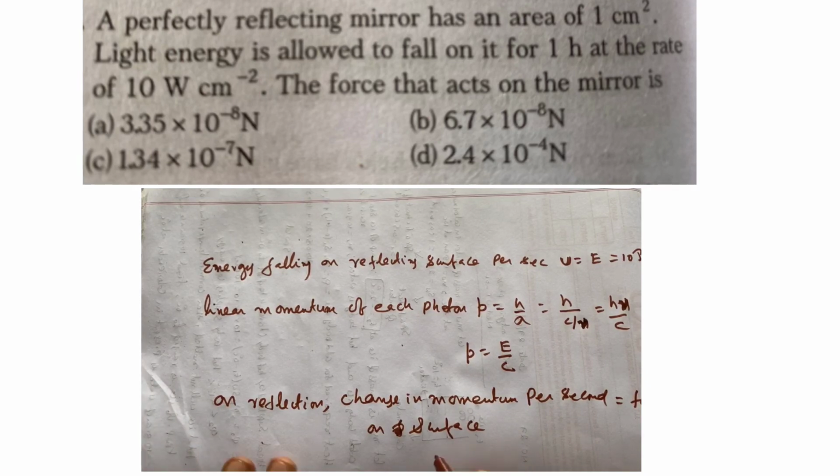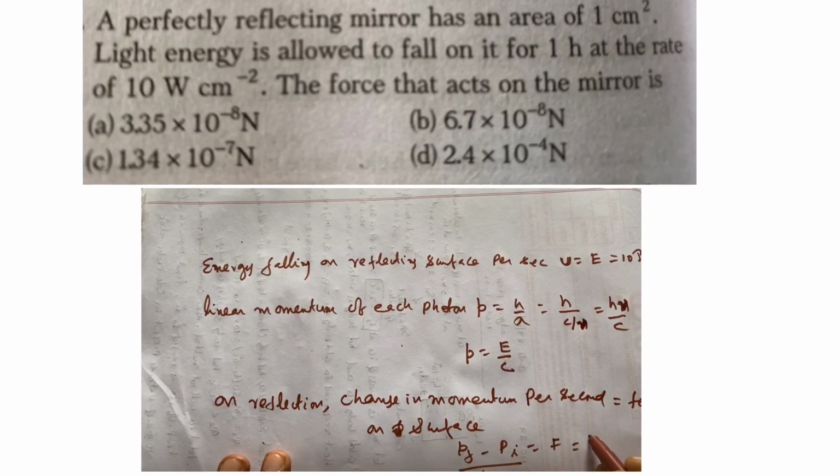Change in momentum equals final momentum minus initial momentum, which is P minus of minus P, by t.